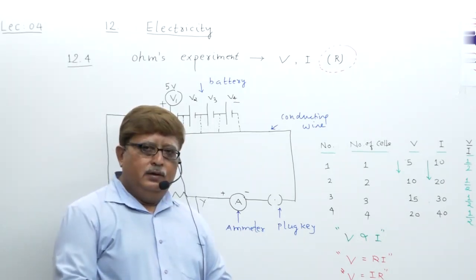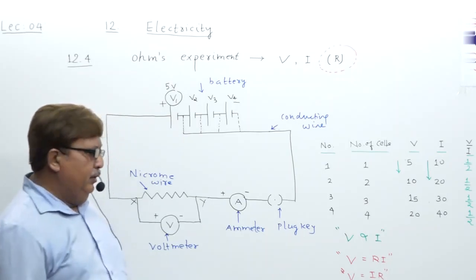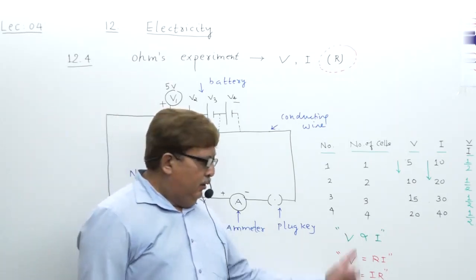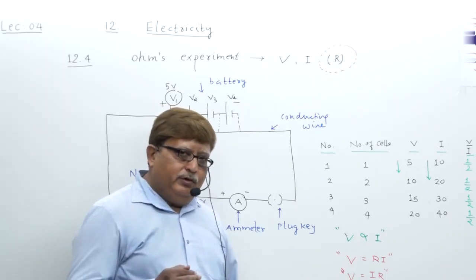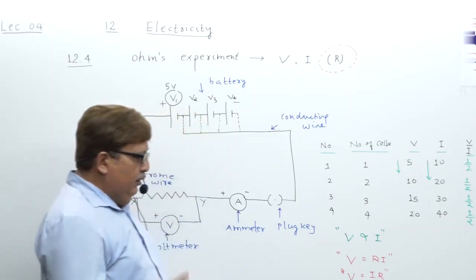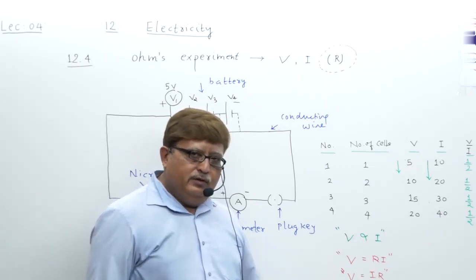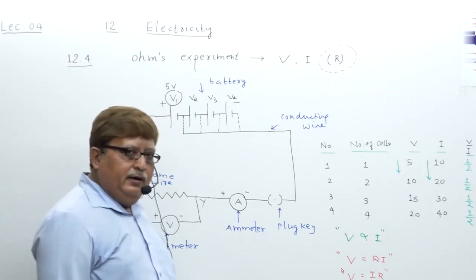V varies to I, and V equals IR when we want to remove the proportionality. Understand, the proportionality constant can be removed by putting another constant here. V equal to IR. Understand?